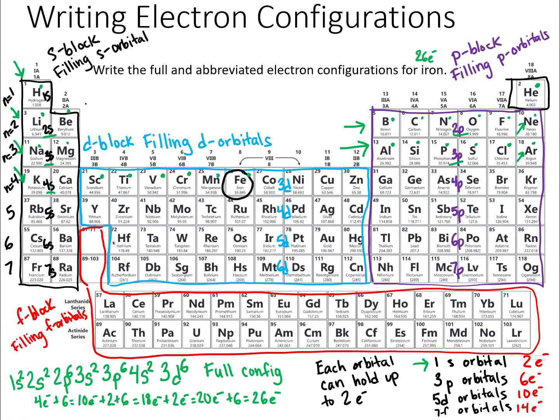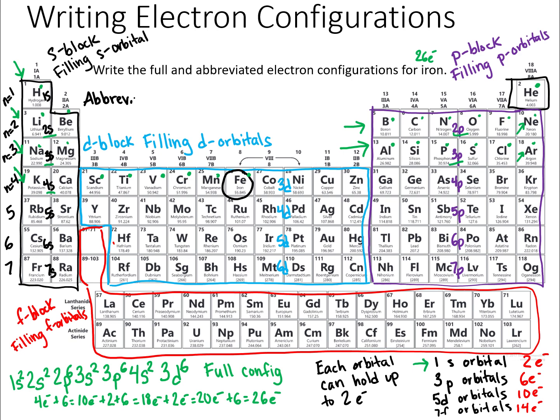Now let's write the abbreviated configuration. The abbreviated configuration, which is also known as the noble gas configuration, you use a noble gas to represent all of the core electrons.